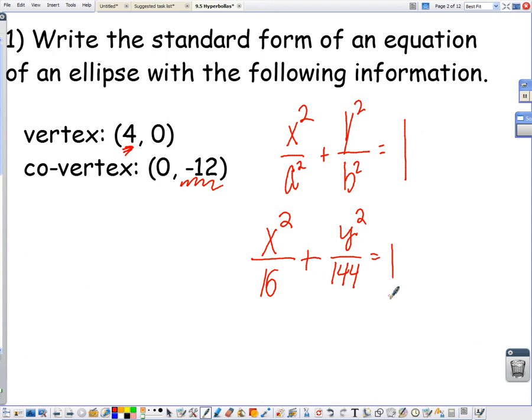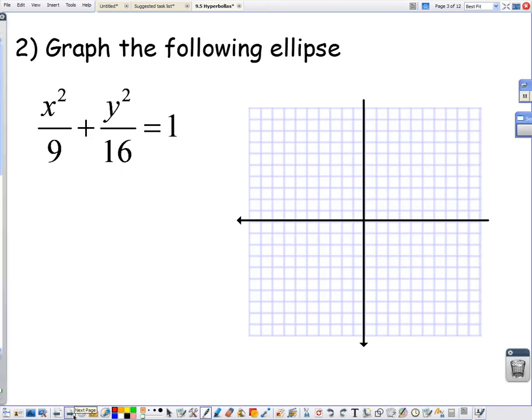When we go to graph the equations, remember that there was a vertex and a co-vertex, but really all we had to be concerned about was taking the square root of 9, which gives us a positive or negative 3, and since it's under the x squared, it's going to be negative 3, 0. And we plot those points, 1, 2, 3, the negative, and we do the positive.